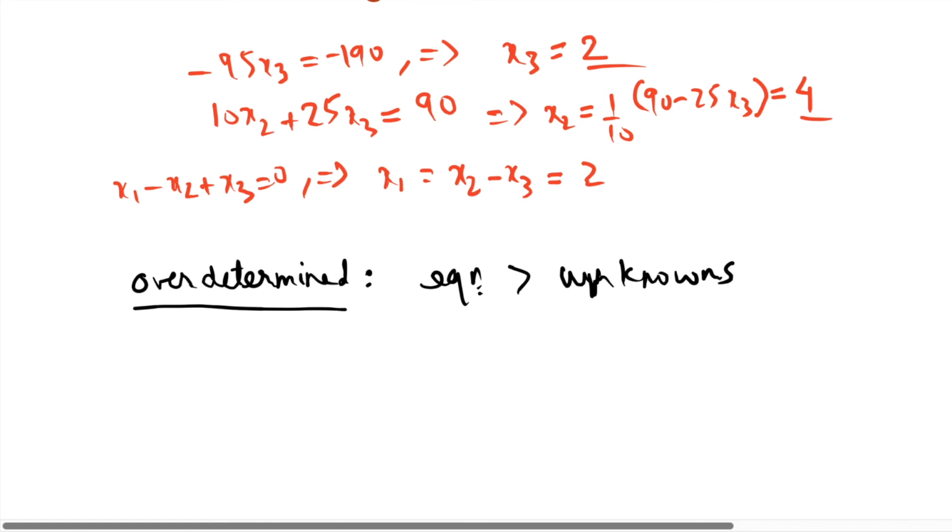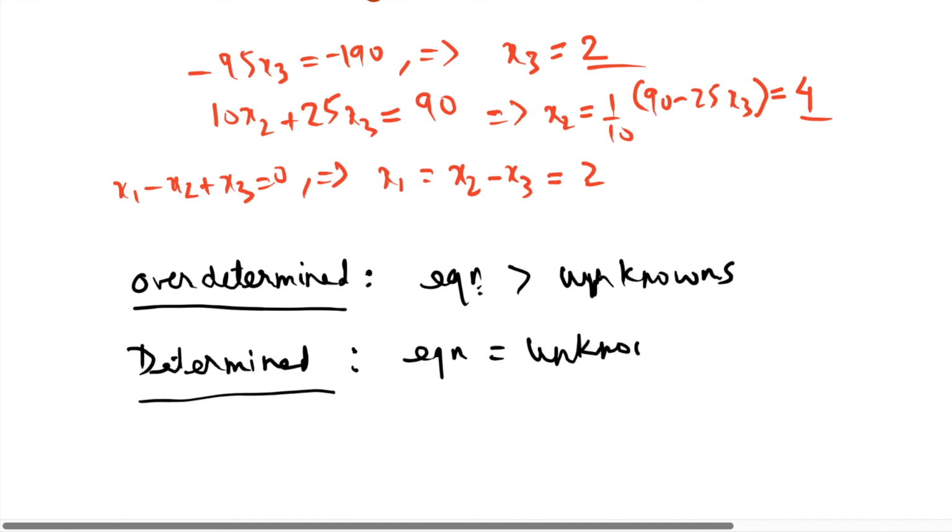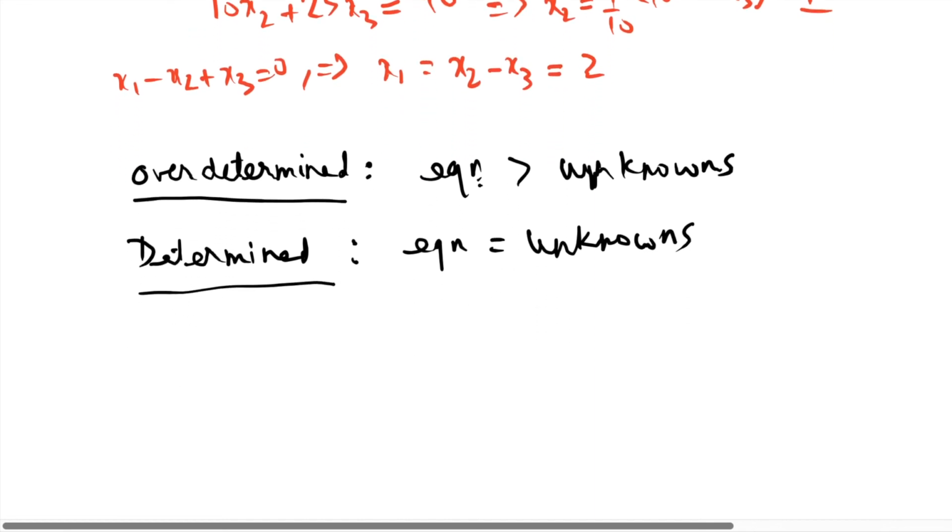There is also something known as a determined linear system. Let me write it down. Determined linear system: if the number of equations is equal to the number of unknowns, such a linear system will be known as determined. And there is something called an undetermined system too.